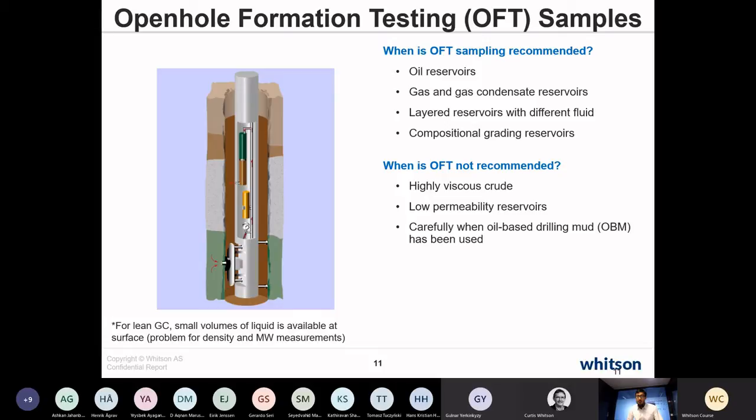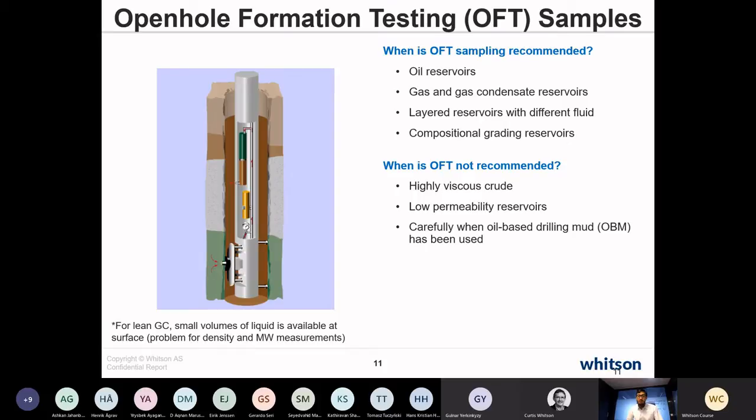Again, if you have low permeability reservoirs, it's very difficult to get the open hole formation testing. But now I think there are tools available, like Schlumberger has developed tools that can work in low permeability reservoirs.